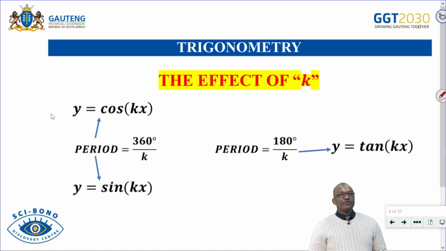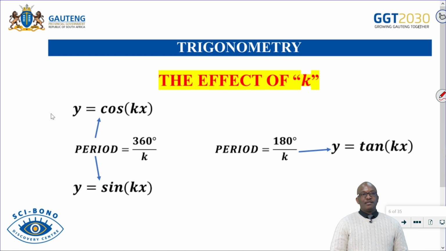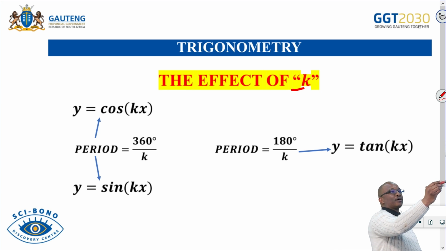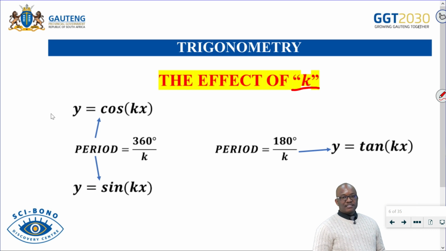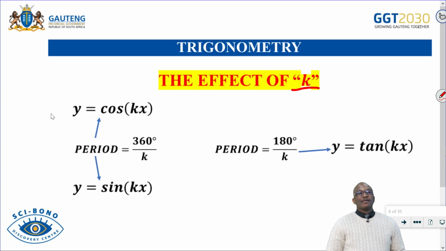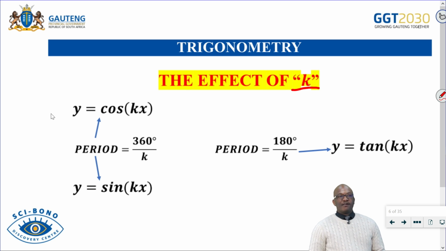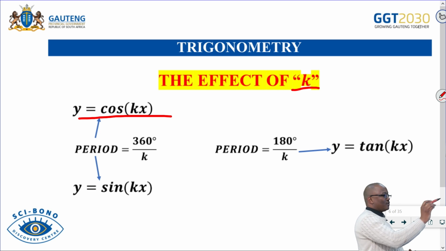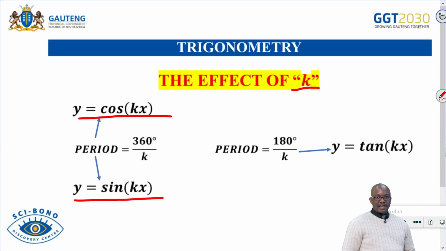We're also going to look at the effect of K. K will affect our period. When we determine the period of a function that is given, we have the one for cos and the one for sine.